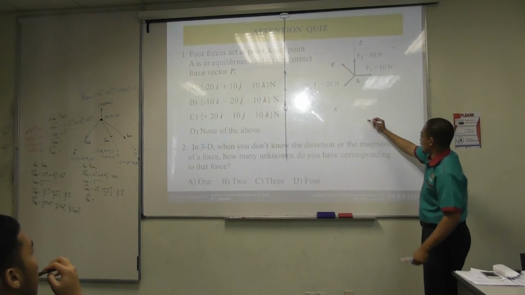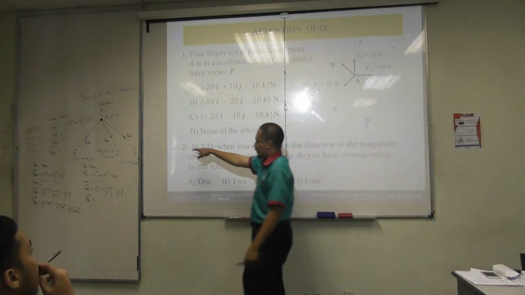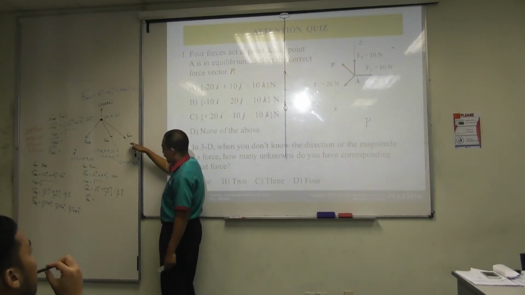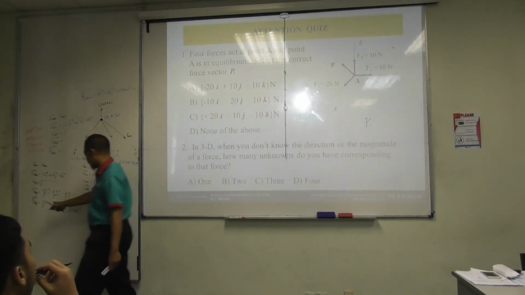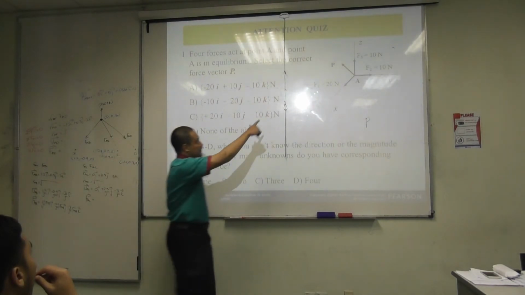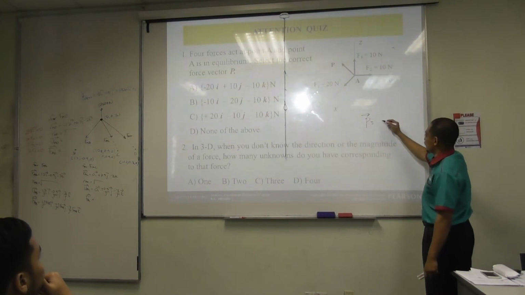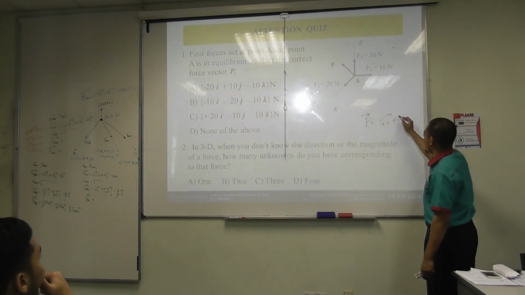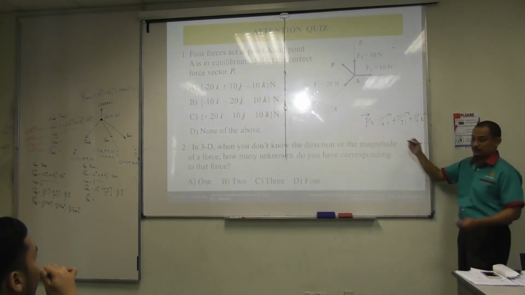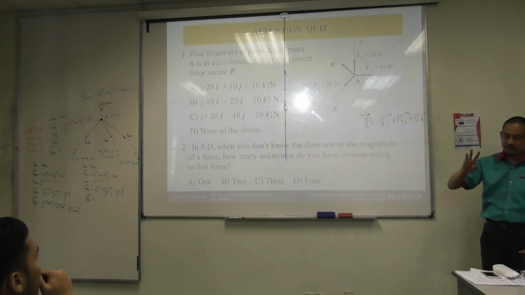This is an example where you don't know the magnitude but you know the direction, so the unknown is just one. But if you do not know anything, how will you write it? For example, Vx i plus Uy j plus Vz k. So 1, 2, 3 unknowns, right? You cannot have more than 3 because you only have 3 equations.